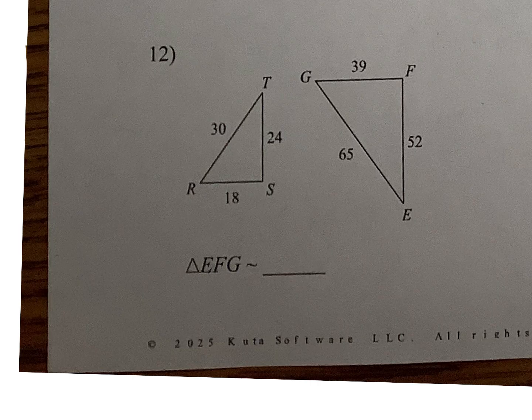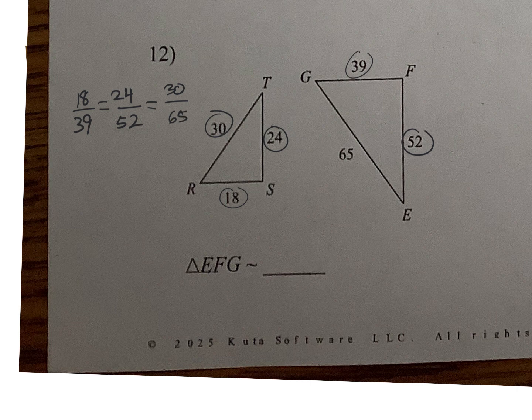Number 12. So this would be side, side, side if they are similar. So you have to check all three. So the smallest to the smallest, 18 is to 39, as the middle number, 24, is to the middle number, 52. And the big number is to the big number, 30 is to 65. So reduce all those.